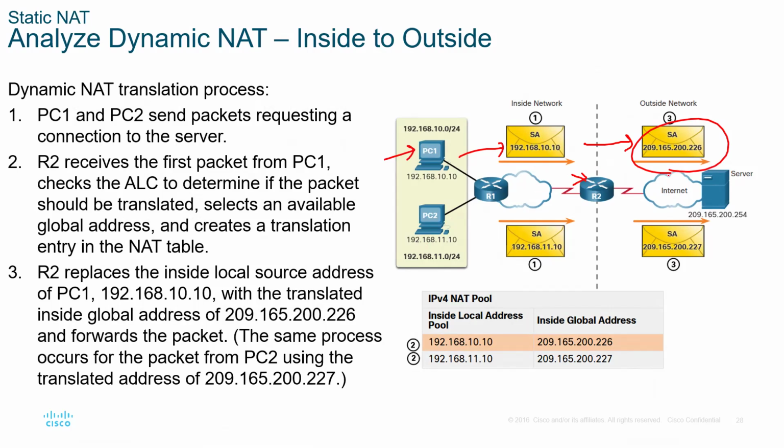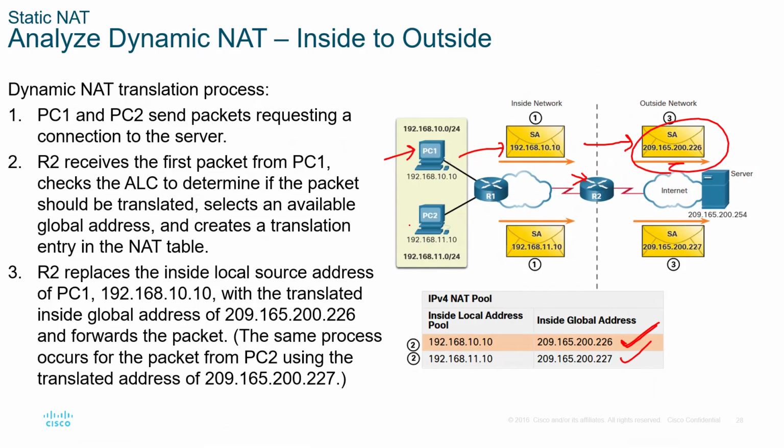This public IP address is chosen from the pool. Where is our pool? Inside global. These two addresses are part of our pool. So this address was the first one chosen for PC1.